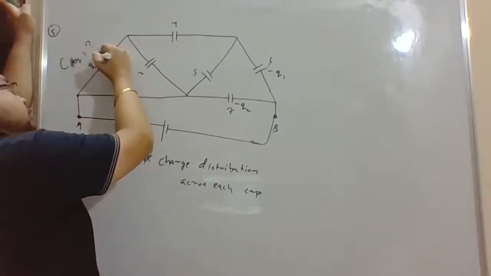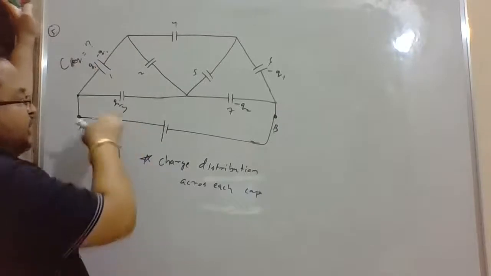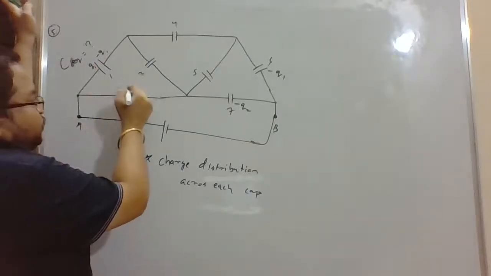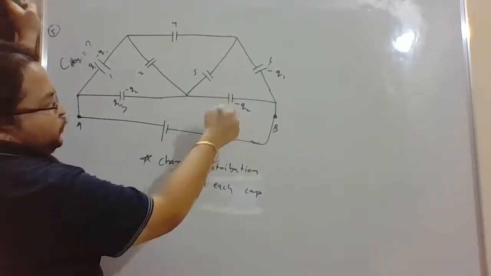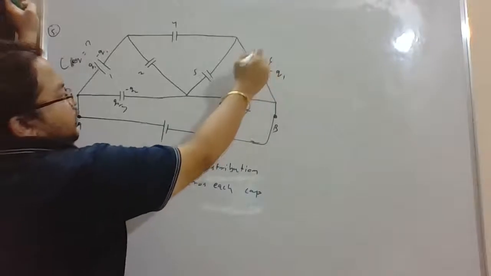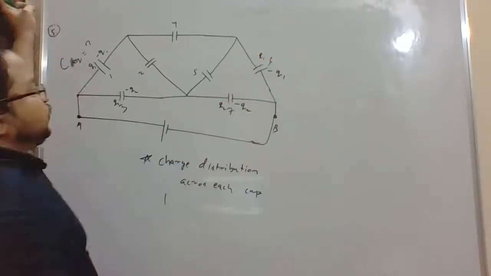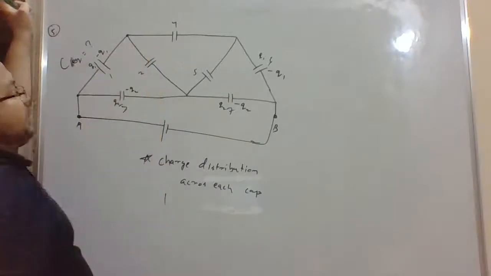Now if the charge on this plate of capacitor 1 is q1, obviously the charge induced on the other plate will be minus q1. Here, if the charge is plus q2, here it will be minus q2. If it is minus q2 here, it will be plus q2 here. If it is minus q1 here, it will be plus q1 here. Now we reach this point.